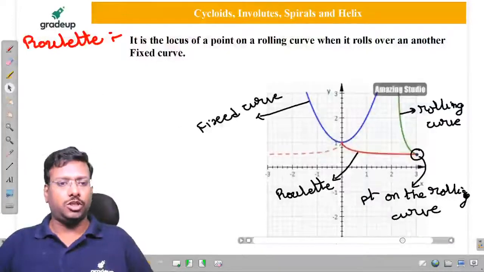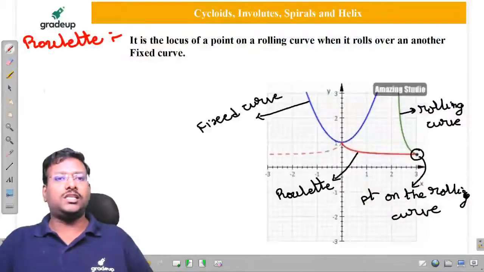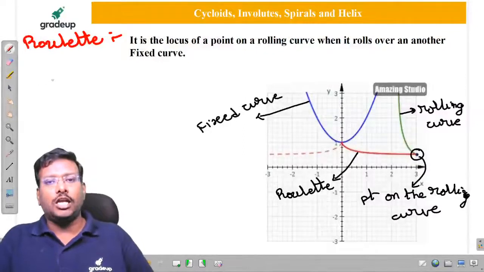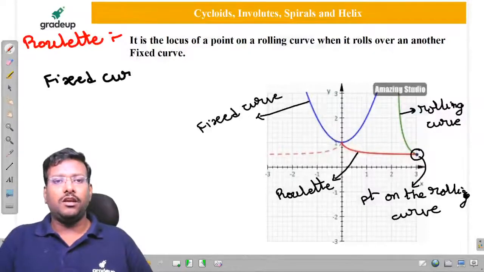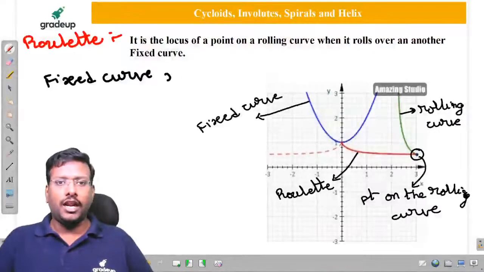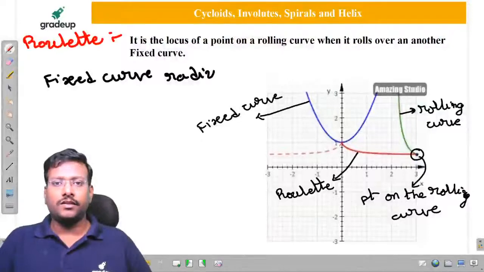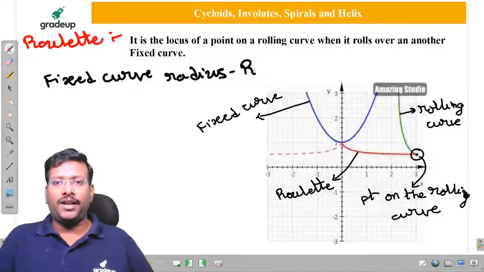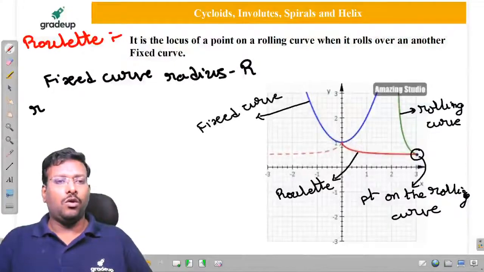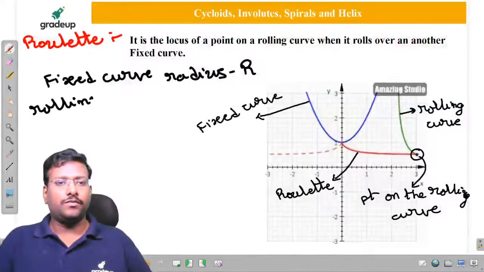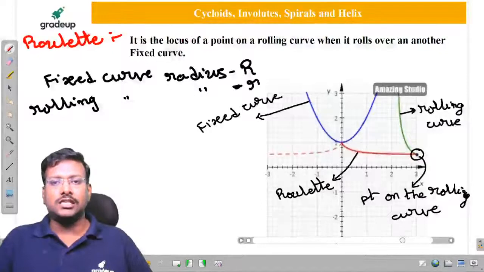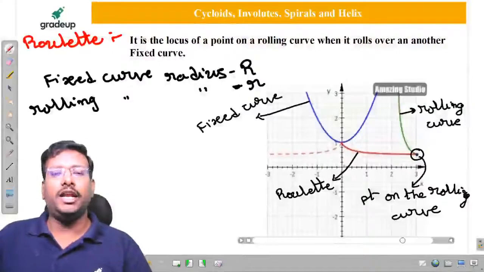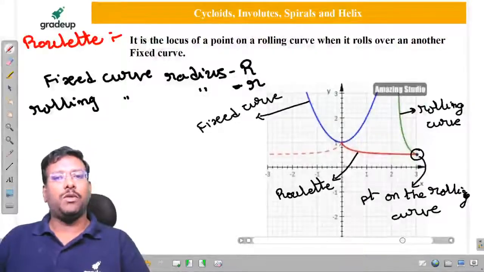First of all, you observe. Sir, what is this fixed curve, sir? We will assume the fixed curve radius is capital R. The rolling curve radius is considered as small r.